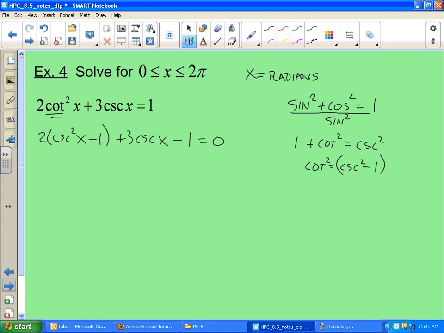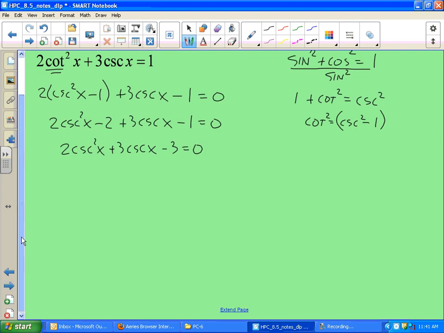Then we get 2 cosecant squared x minus 2. And then we have some like terms to mess around with here: 2 cosecant squared x plus 3 cosecant of x, negative 2 minus 1 is negative 3. And we end up with this.